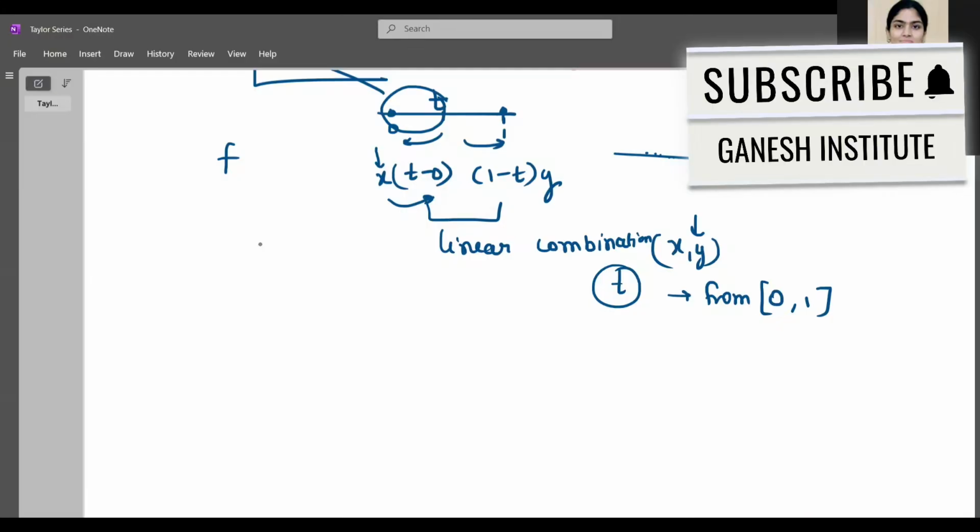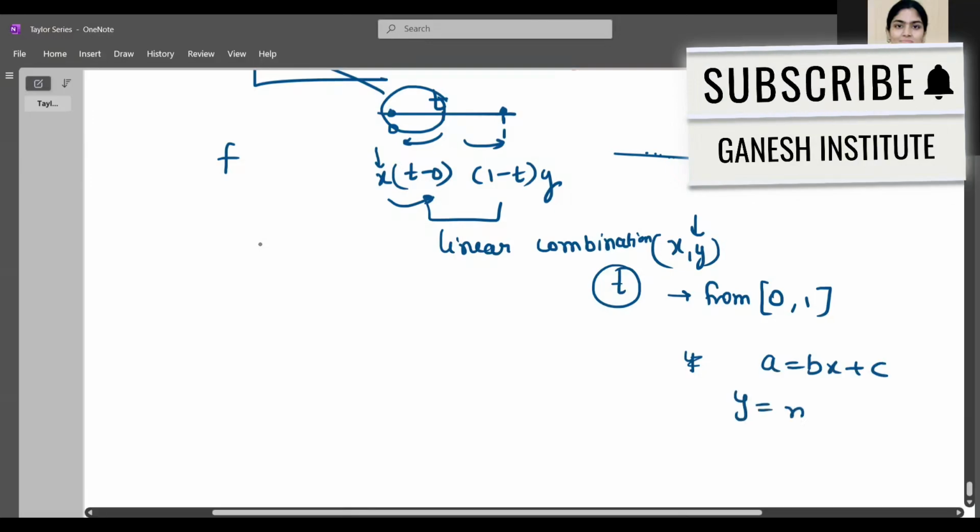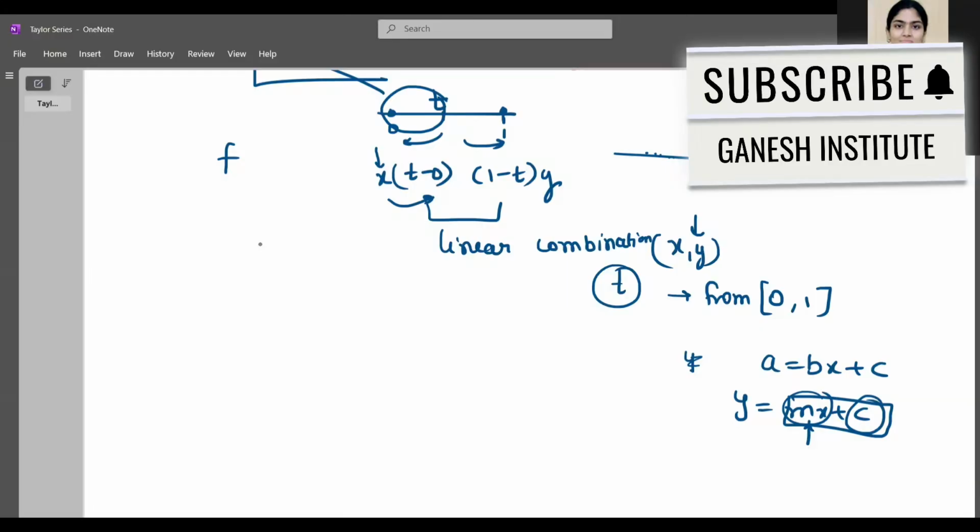Yeah, it's difficult for me to visualize, ma'am. I think if I solve a sum. That is fine. But you remember the general form: y equals mx plus c. This is the linear combination wherein this part shows the x value and this is the y-intercept, right?